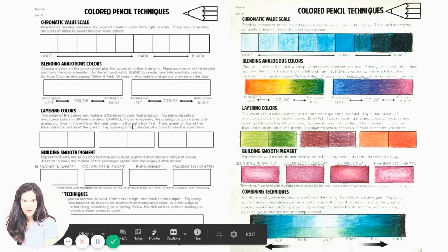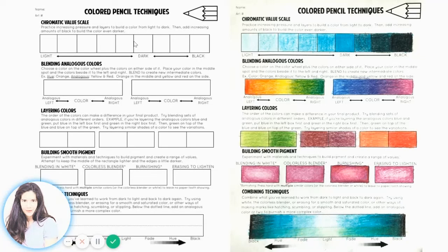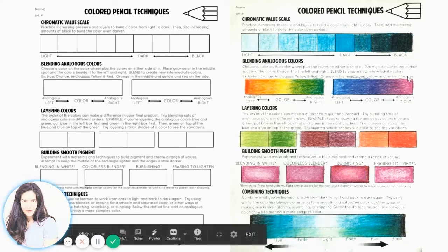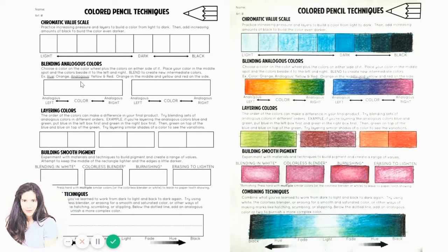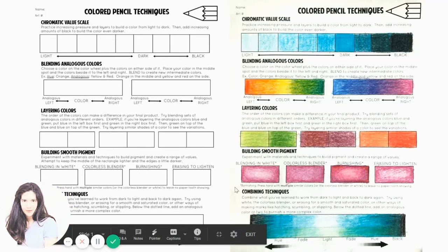This is what it should look like in the end. We are going to be doing each of these different sections together, and you are going to be pausing and playing. Let's go to the first section, which is the chromatic value scale.